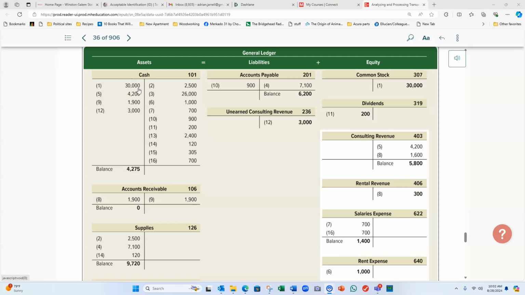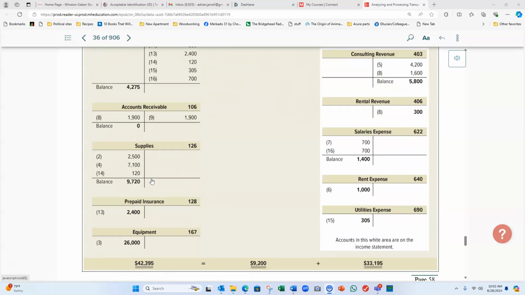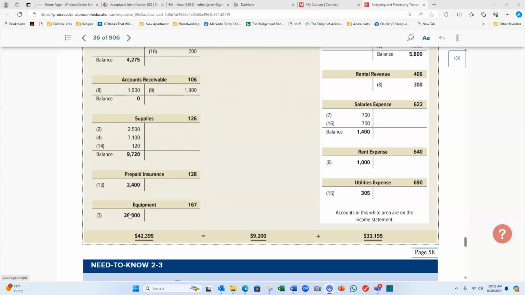In this case, you see cash, a $30,000 debit, and you see common stock, a $30,000 credit. That's number one. Number two was a $2,500 credit to cash and a $2,500 debit to supplies. Number three was a credit to cash and a debit to equipment.